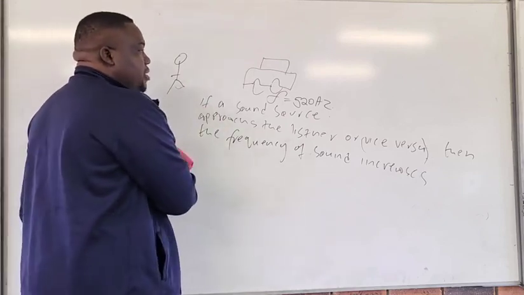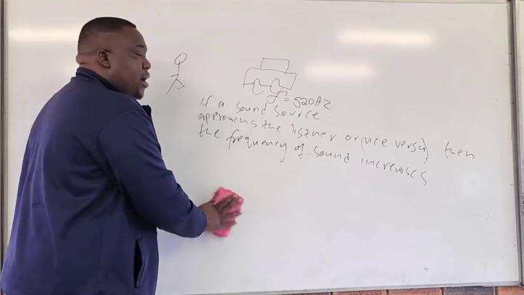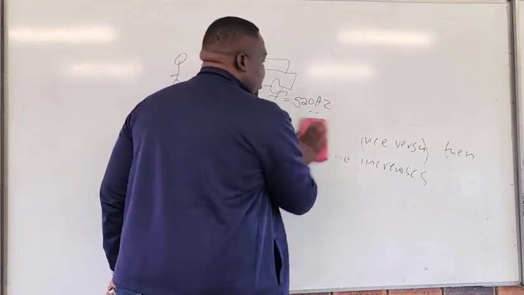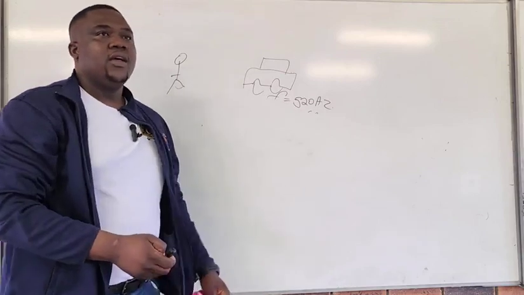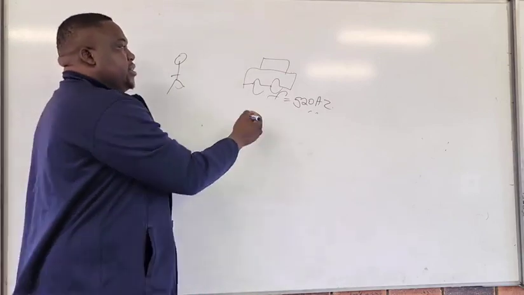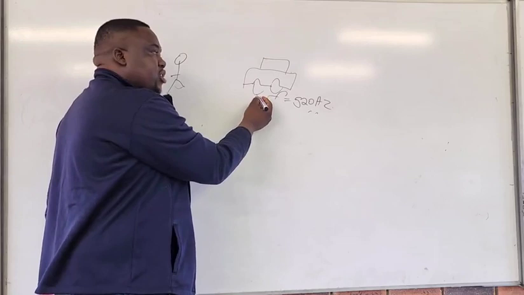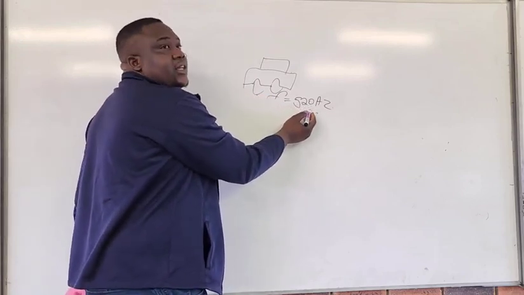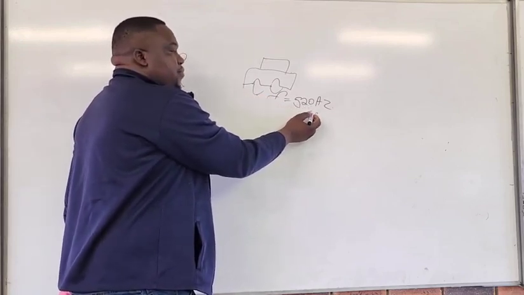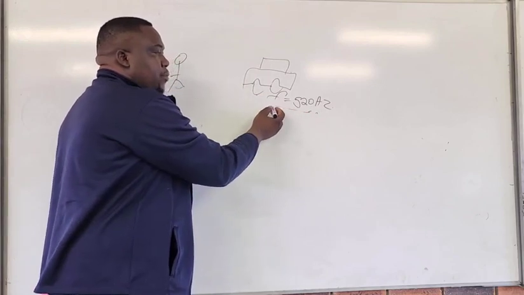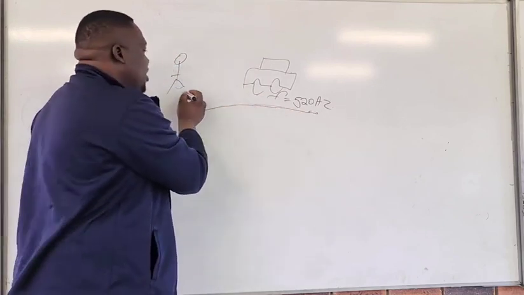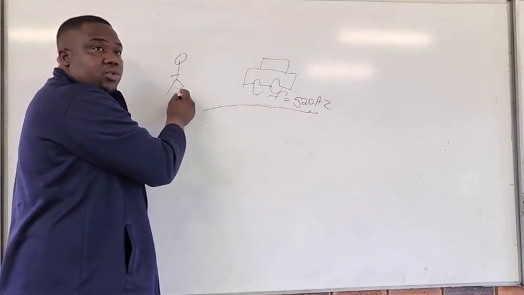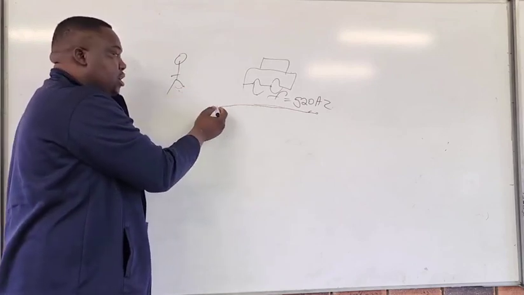So sometimes you may come across a situation where they tell you that this sound source produces 520 Hz, as it is moving. Obviously, this listener is not going to hear 520.